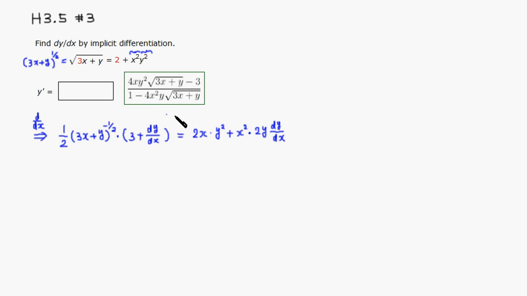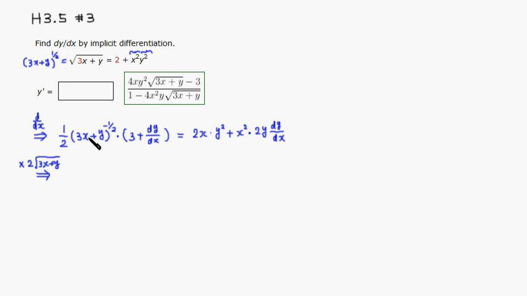Alright, then what we're going to do is we want to simplify a little bit, and I don't like having a 2 and a fraction, and you have this guy as a negative power. So I'm going to multiply both sides by, say, 2, so that I can get rid of this 1/2, and also square root of 3x plus y.